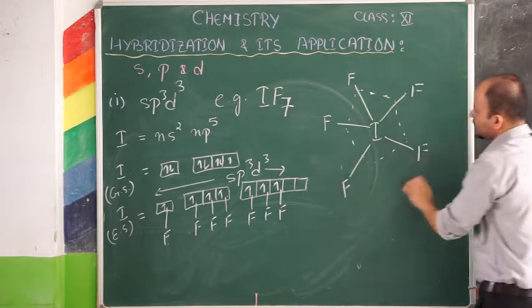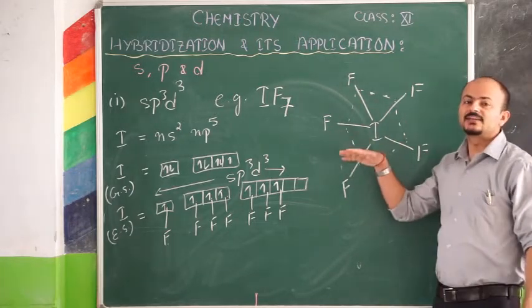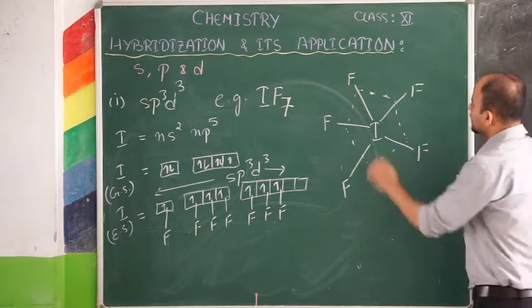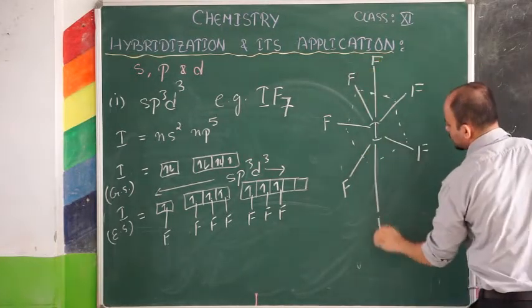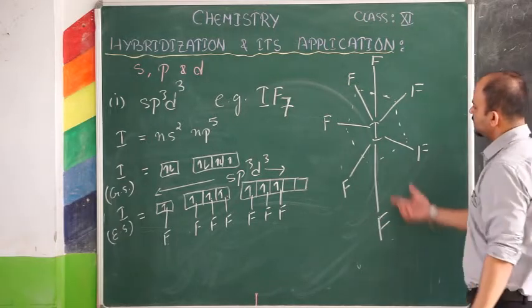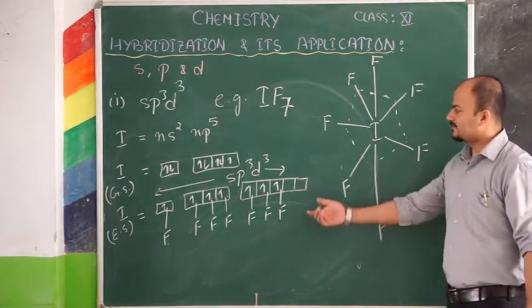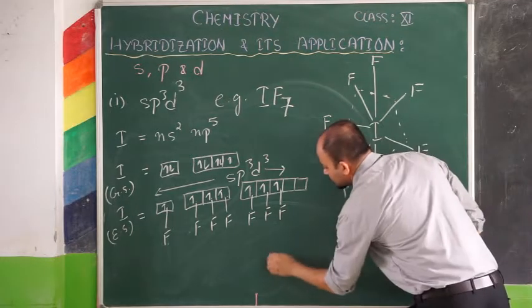These 5 fluorine atoms will be lying on the same plane. Please don't forget that. Then 1 will be lying above the plane, 1 will be lying below the plane. Okay? So this is the structure of IF7, pentagonal bipyramidal.